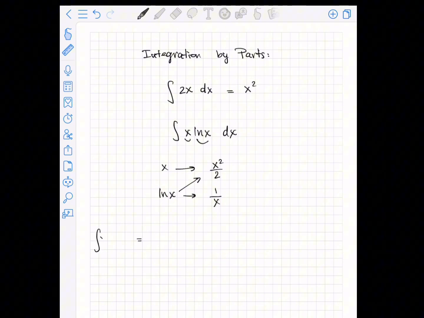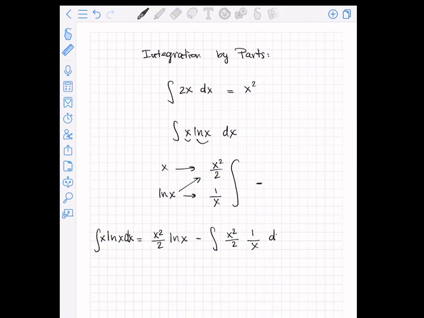So the integral of x ln x dx is equal to multiplying these two, x squared over 2 ln x, minus the integral of the product of these two, minus the integral of x squared over 2 times 1 over x dx. So this one's going to stay the same, and this one is going to become the integral of x over 2 dx.